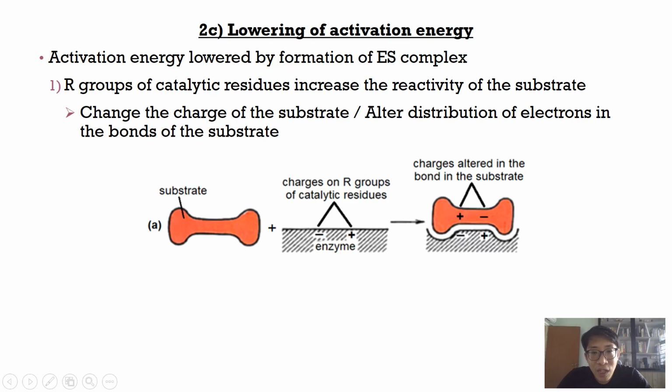So the charges on the R groups of the catalytic residues are able to influence and change the charge of the substrate, and that makes the substrate more reactive. That makes the bond easier to break in this case. So this is how the catalytic residues are able to make the reaction easier to carry on, therefore lowering the activation energy and increasing the rate of reaction.